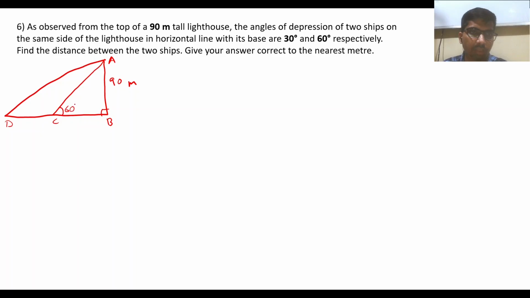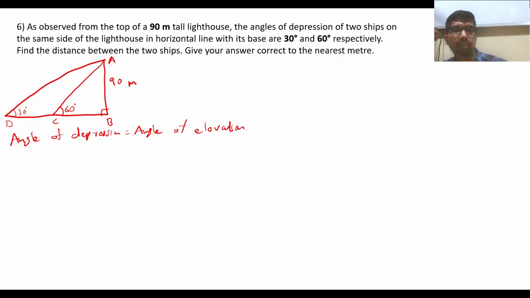Because closer to the lighthouse it is 60 degree, away from the lighthouse it is 30 degree. Again write the same thing. First write angle of depression equal to angle of elevation.